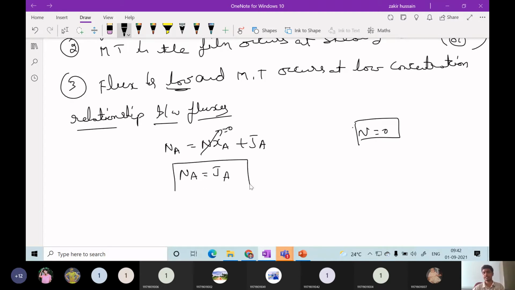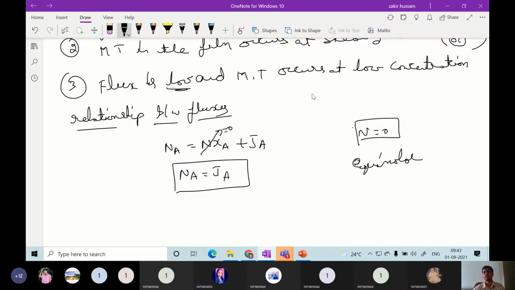This relationship is valid for the cases we have seen now. Is it valid for equimolar or A through non-diffusing B? Can anybody tell? A through non-diffusing B, no, wrong. This is equimolar.